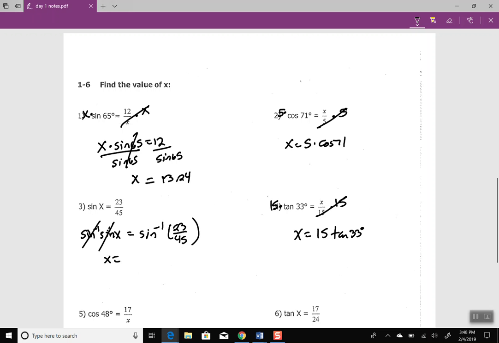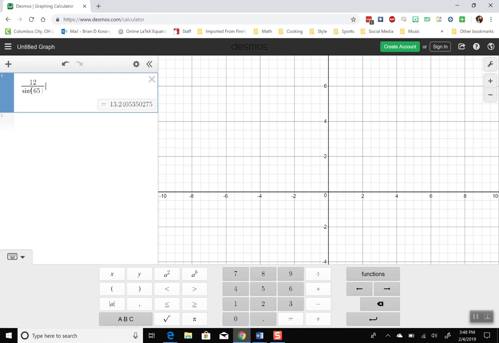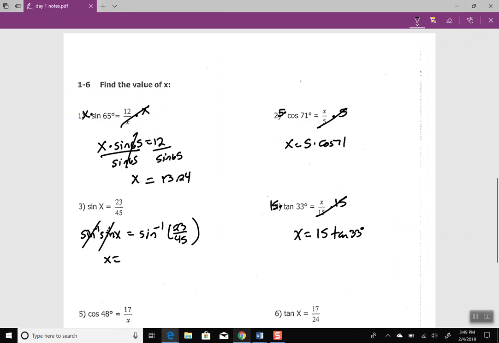So x is going to be equal to inverse sine of 23 over 45, which gets you 30.74. So that must have been a 30.74 degree angle to give you that type of opposite length and hypotenuse.